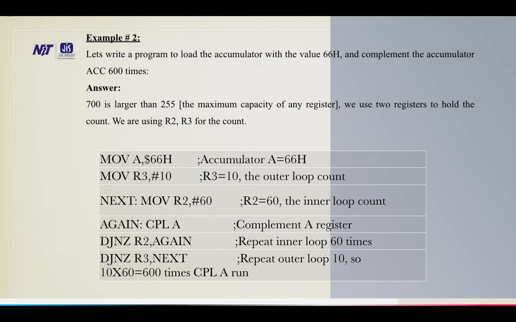MOV A,#66H. Therefore, the accumulator is 66H. MOV R3,#10: R3 equals 10, the outer loop. Next, MOV R2,#60: R2 equals 60 is the inner loop.